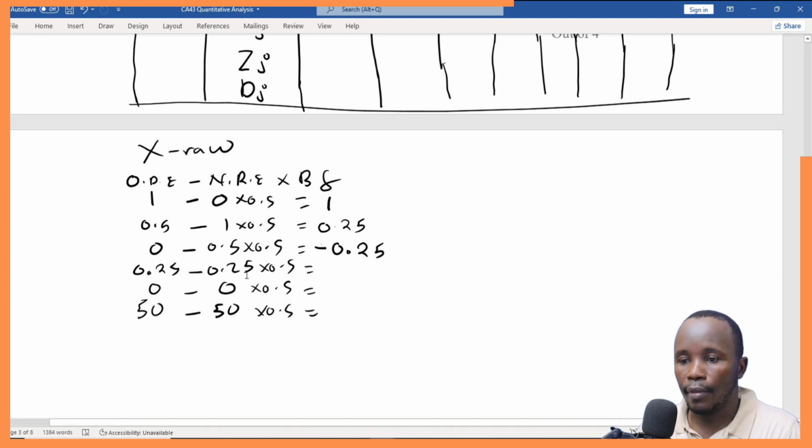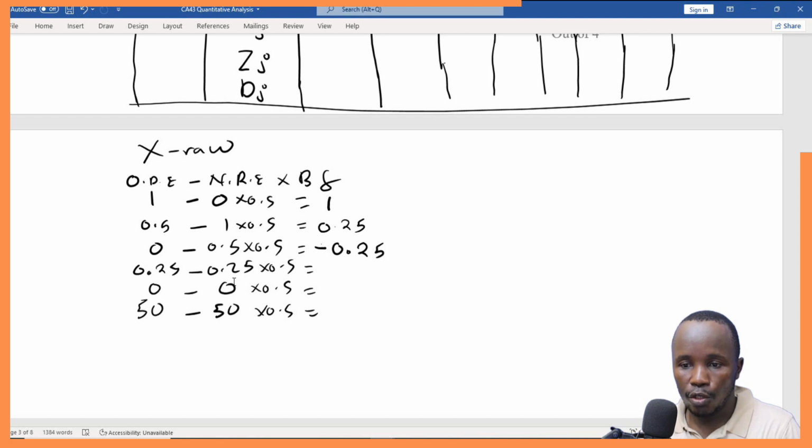What do you get here? This is 0.25 times 0.25 times 0.5. Get this. Then we have 0.25. This is 0.125. This is 0.25 minus 0.125.